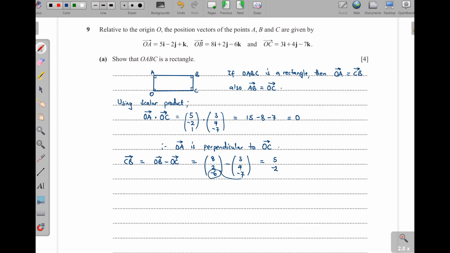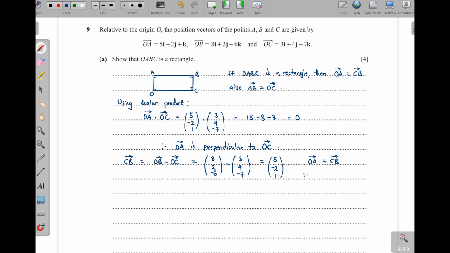Then negative 6, then plus the 7, because negative 6 minus negative 7, this one becomes a plus. And then you get a positive 1. But you can see that this is exactly what we are having here for OA. Do you see that? So we have now proved that OA is therefore equal to the CB.